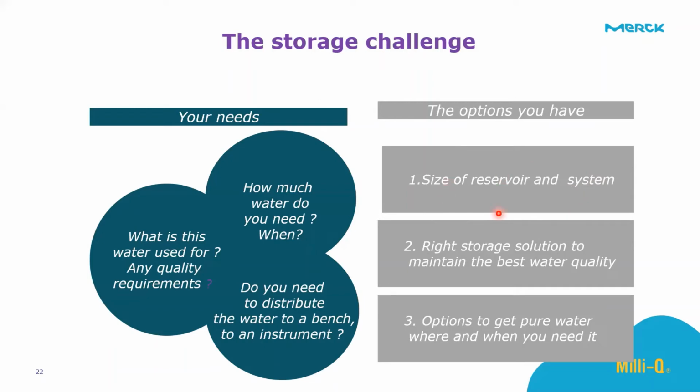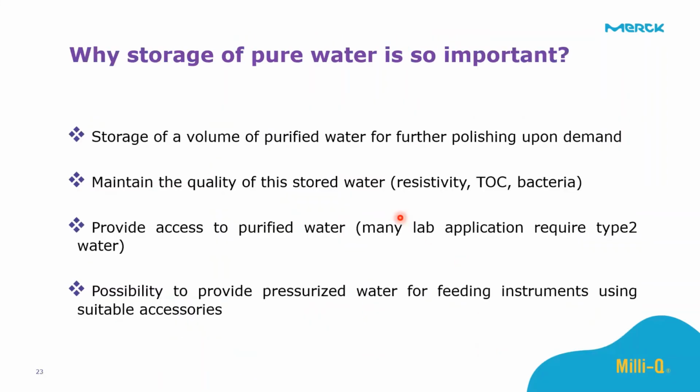So you choose the right reservoir, sized with the right system and the right storage solution, to maintain the very best. And the design of the tank is really important, along with options to get pure water where and when you need it. So the capability to distribute this purified water, either type 2 or type 3. Why is it important to store this type 2 or type 3?